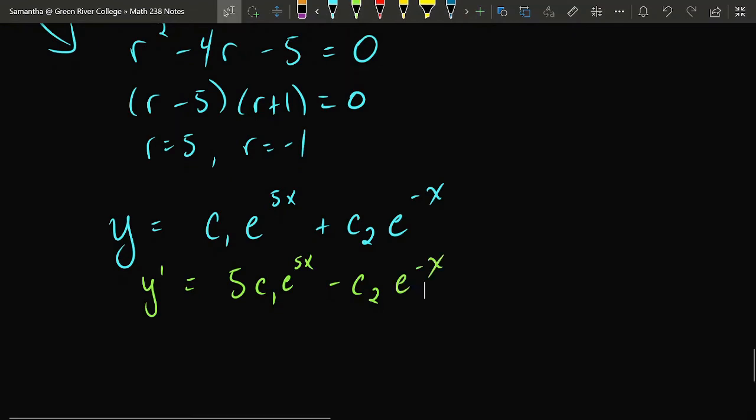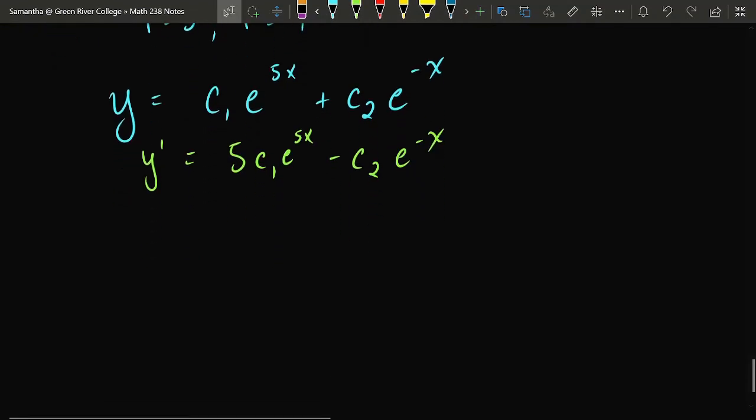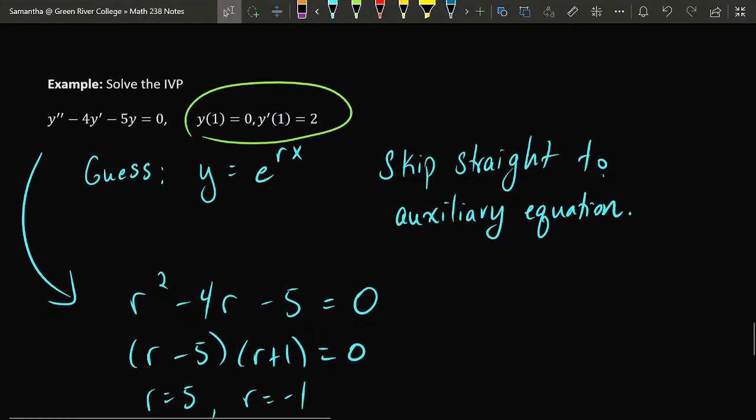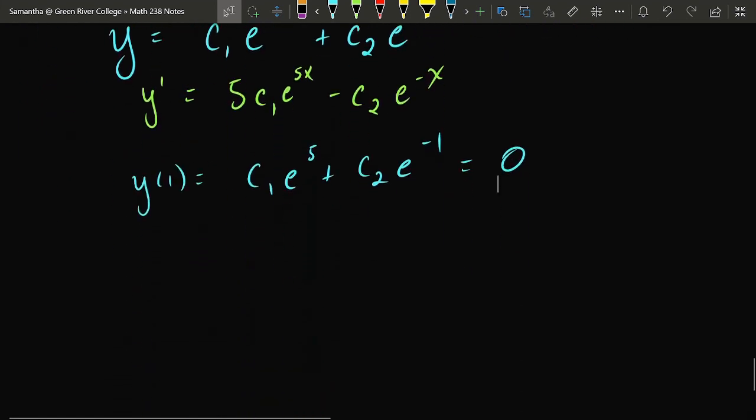Now let's plug in our initial conditions. They say when you plug in x equals 1, c1 e to the 5 plus c2 e to the negative 1, the result should be equal to 0. They also say that when you plug in 1 to the derivative, the result should be equal to 2.